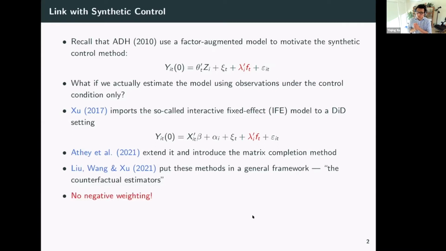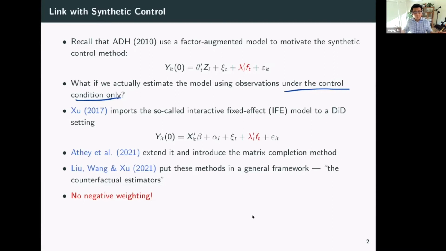And here, I want to first spoil the result that maybe is very obvious to you. There's no negative weighting problem. Because why? Because we are not using the treated data to construct a model at all. We never use the treated data to construct a model. By doing that, you lose some efficiency, of course, because you probably can learn something from the treated data.